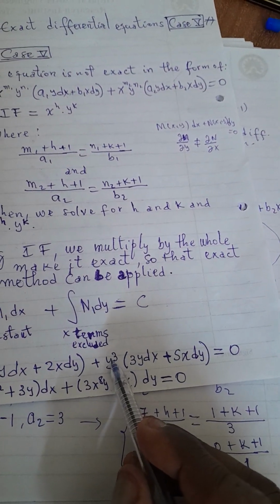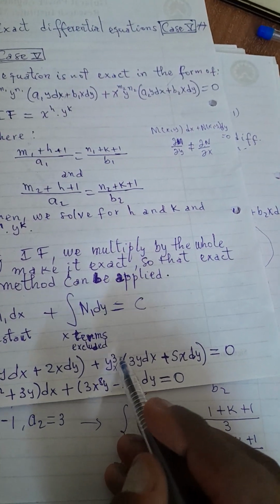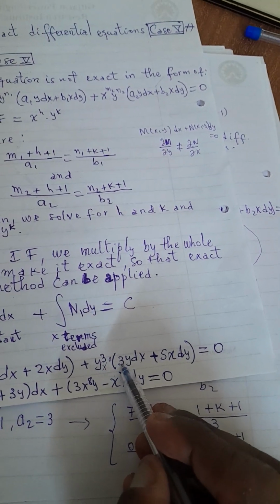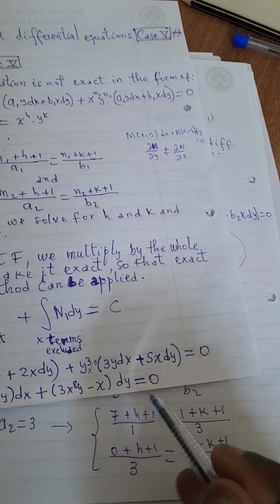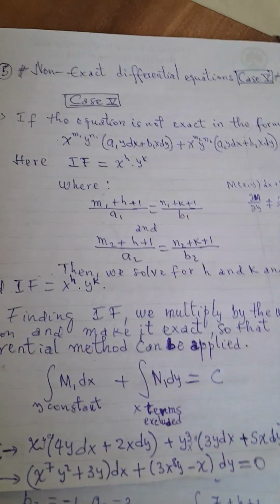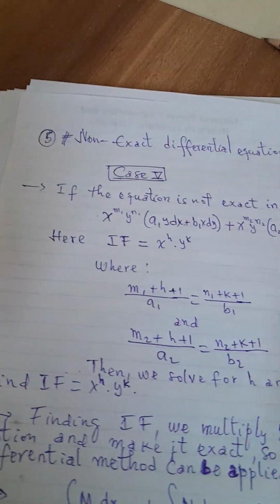Here you will just have x equal to 0. So m2 is 0, n2 will be 3, a2 will be 3, and b2 will be 5. So then you can just solve this exercise. This is the most important thing about these equations.